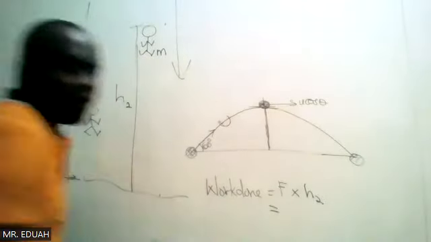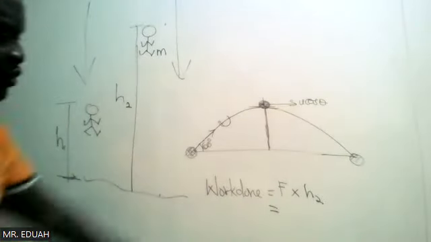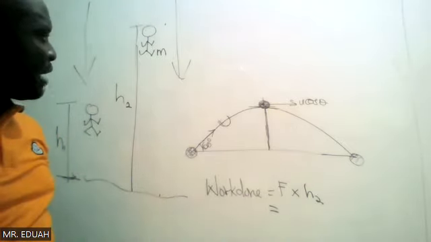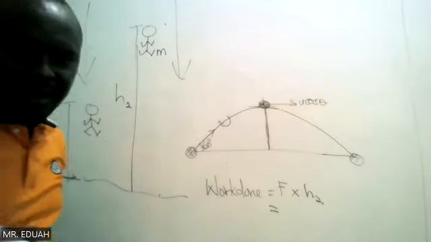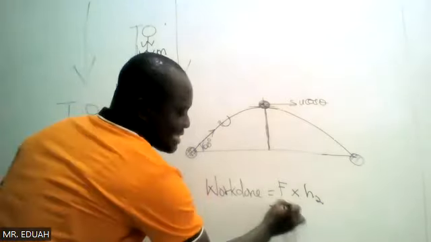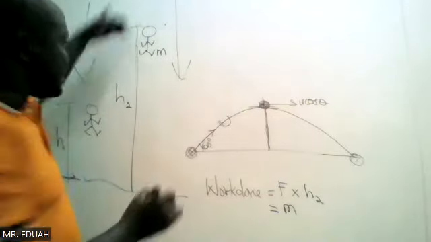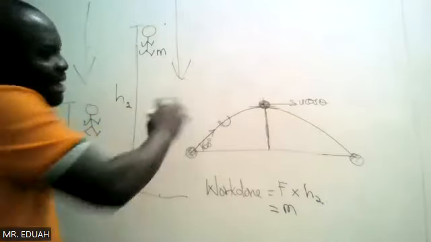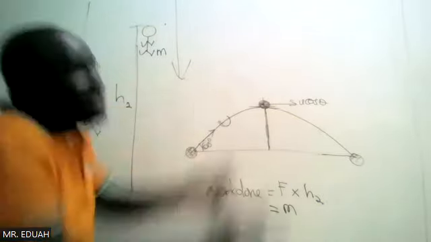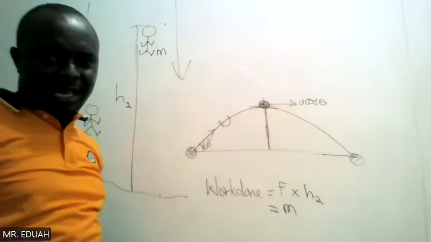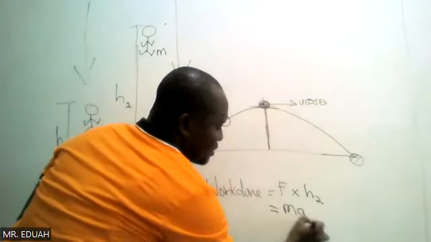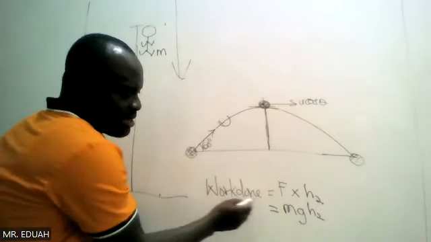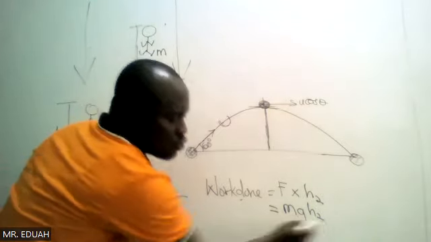How do we determine the force exerted on Aqua? It is Aqua's mass times the acceleration due to gravity, because both of them are within the gravitational field. So times g times h2. And so the work done is mg times h2.